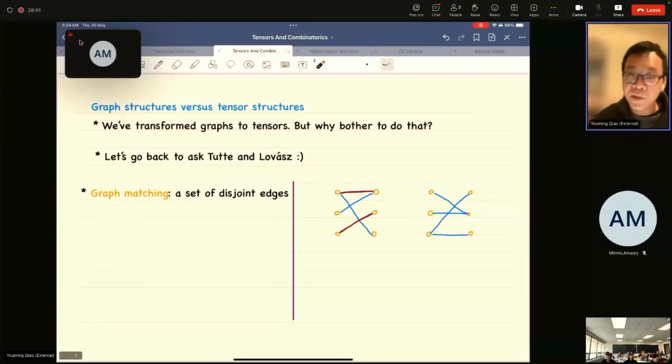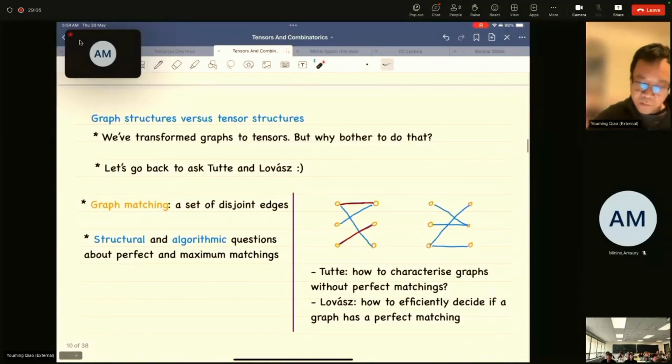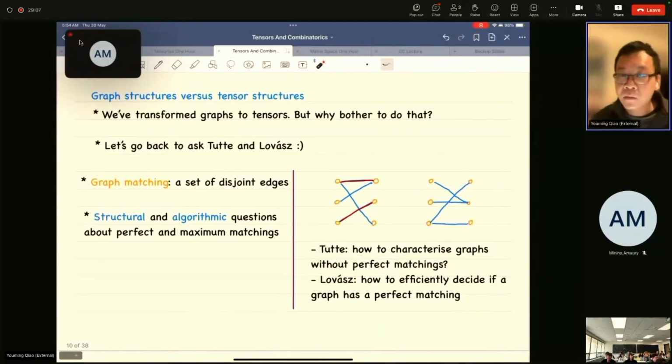So a matching in a graph is just a set of disjoint edges, which is quite easy to understand. But it's a pretty fundamental object in the study of graph theory, and Lovász actually has a monograph called Matching Theory or something for this topic. For graph matchings, you can ask different types of questions. For example, you can ask the so-called structural questions.